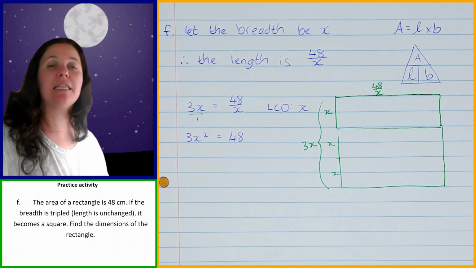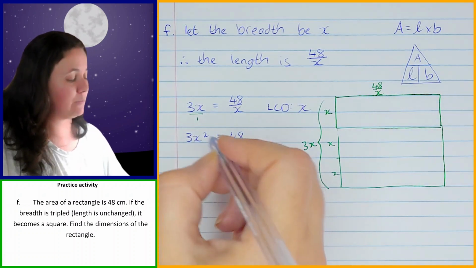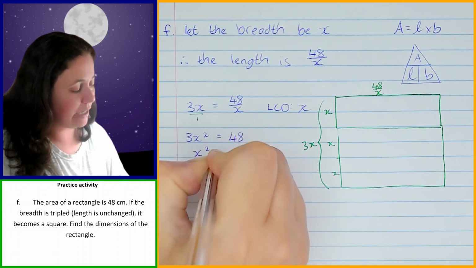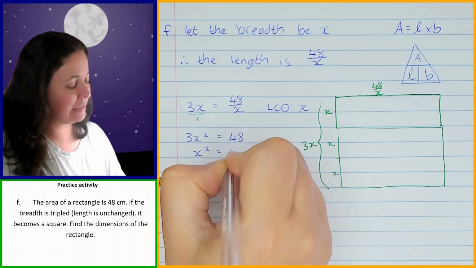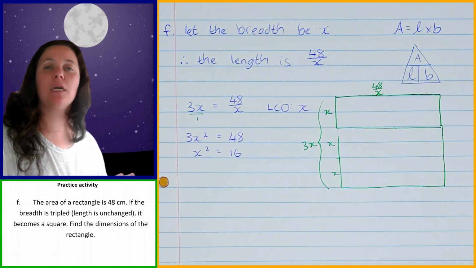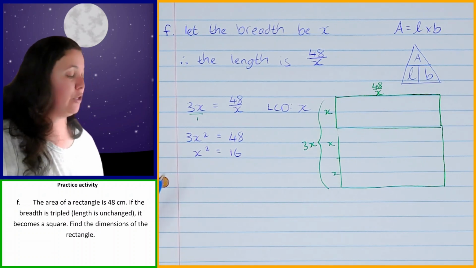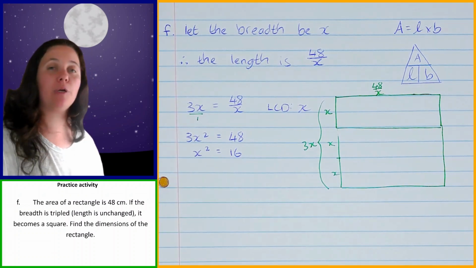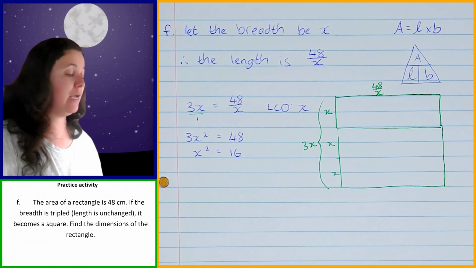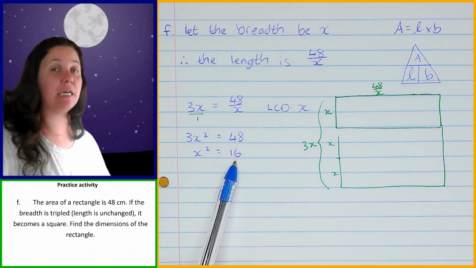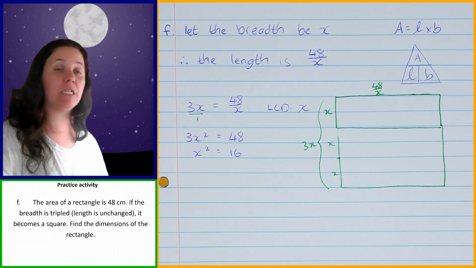Okay, so now I need to get the x squared on its own by dividing both sides by 3. So I've got x squared equals 48 divided by 3 is 16. And now we've got an equation with an exponent. Okay, now we've learned how to do this. When you have x squared equals something, because it's an even exponent, we have to remember that this could be positive or negative. When I change it into a power, the base could be positive or negative.